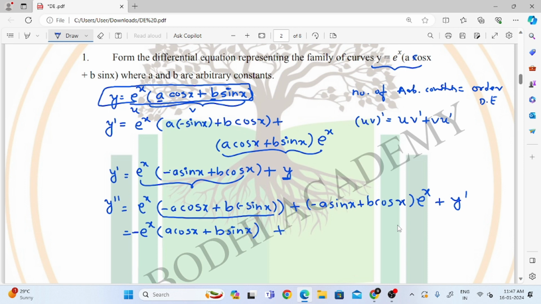Plus this term as it is, e raised to x into minus a sin x plus b cos x into e raised to x, we have written plus y dash. Now you can see that this is minus e raised to x as it is.